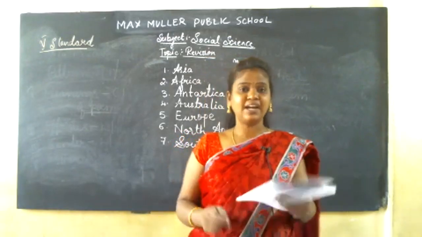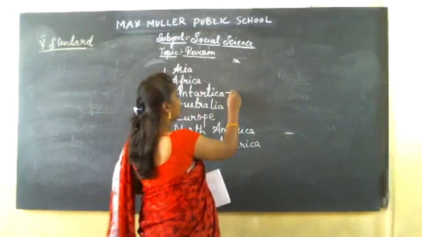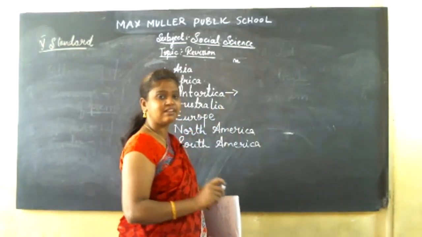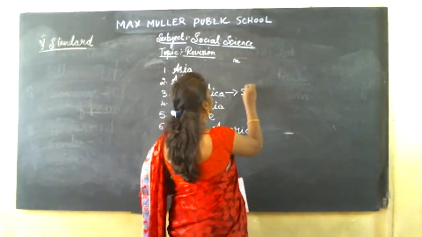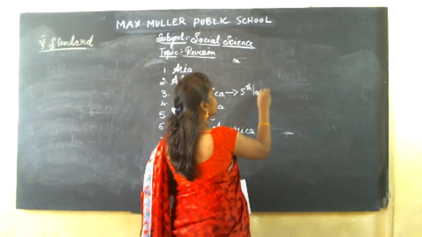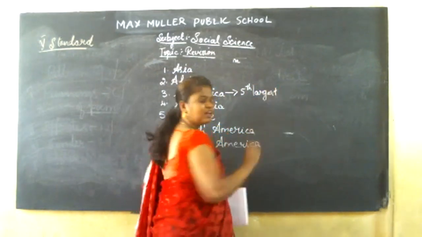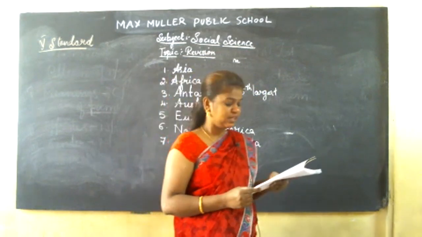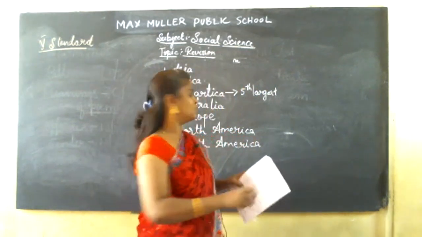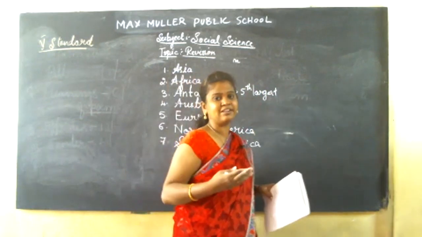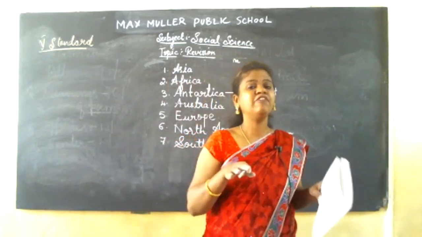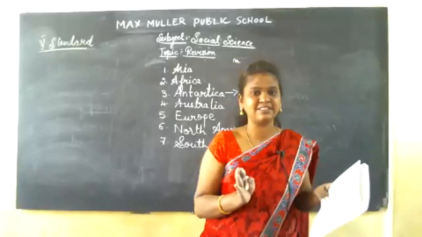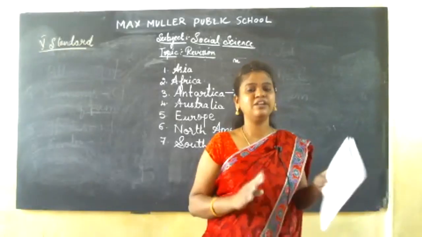So here Antarctica is the 5th largest continent in the world, which is permanently covered by a thick layer of snow. What do you mean by permanently? Permanently is nothing but there will be no changes all throughout the year.